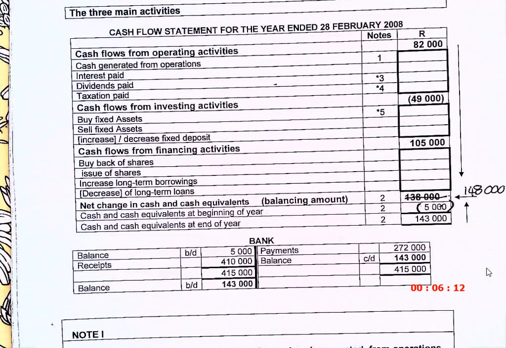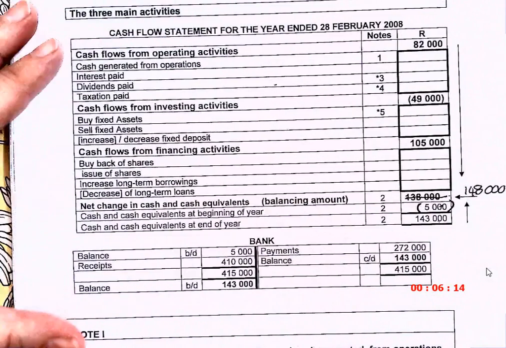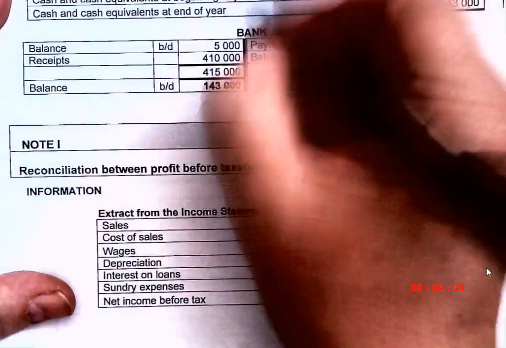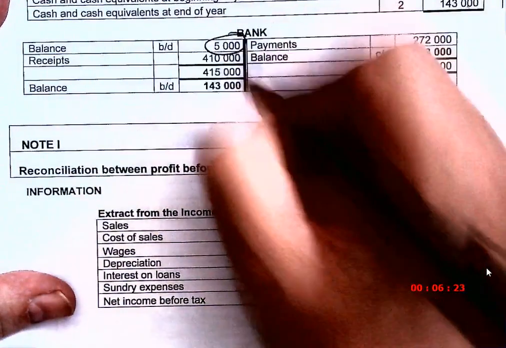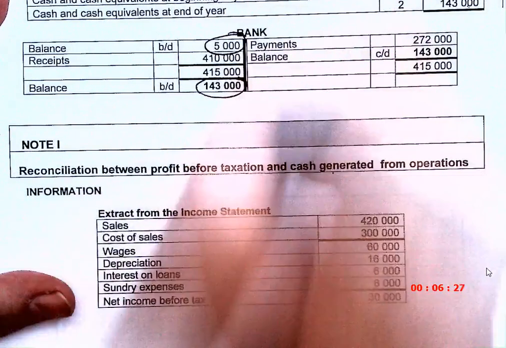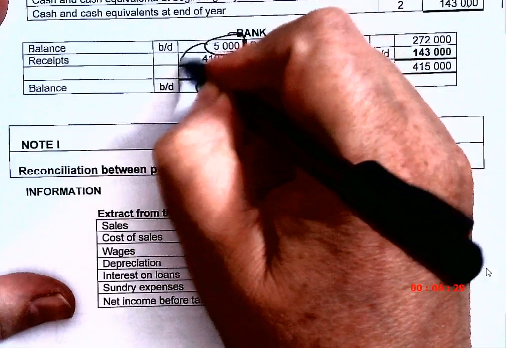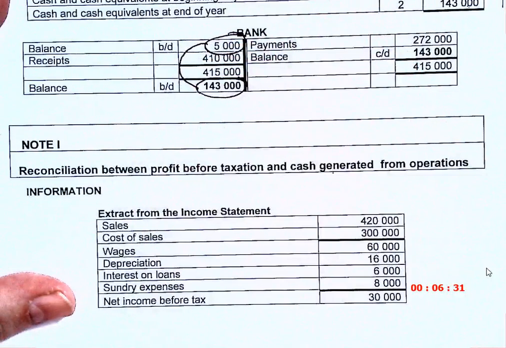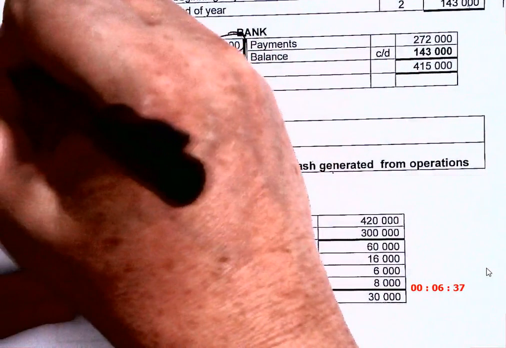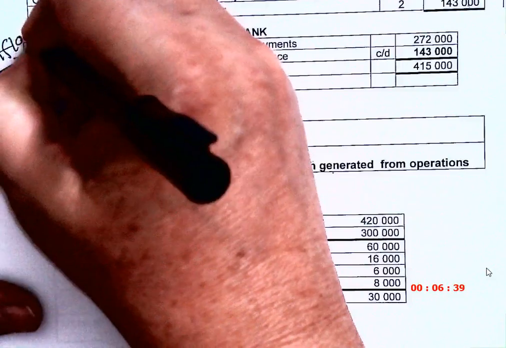Just breathe. What I'm trying to say to you, the cash flow is about, if I look at a bank account, I see I have an opening balance and I have a closing balance. What was the net inflow or outflow? In cash flow, inflow is money coming in, meaning receipts.